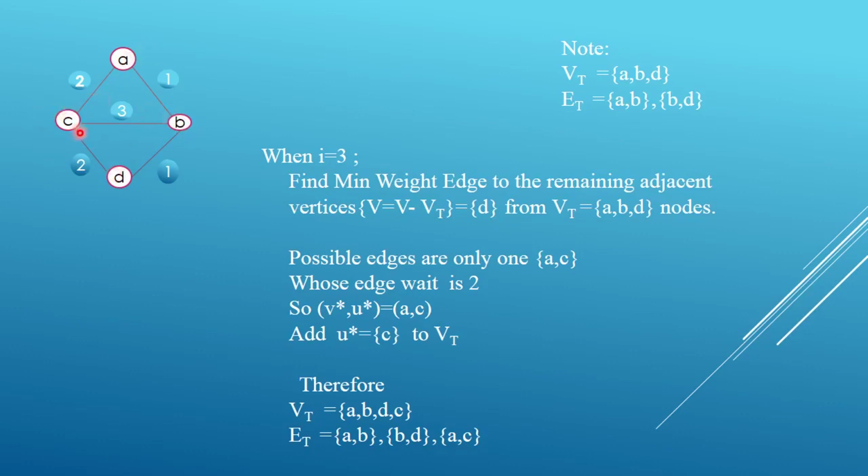Out of these, the minimum is AC. We have two minimum weightages, AC and DC, but I am considering AC. You can even consider DC and get another spanning tree. So C can be added to the VT set, and finally AC edge can be added to the ET set.